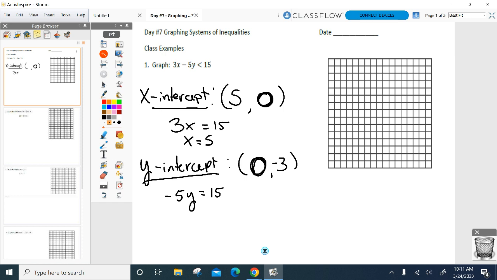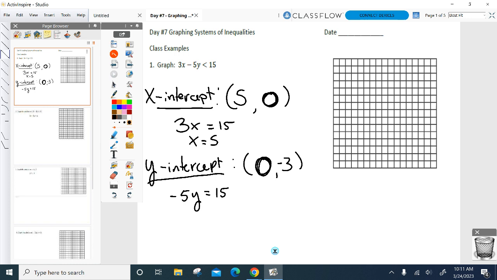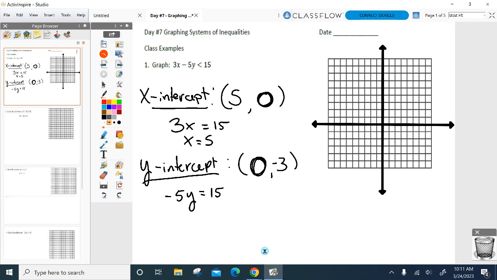So grab your straight edge now. Give me a good x and y axes on the graph I provided. And once you have your graph, can you graph those 2 points for me? 5 on the x, ready?